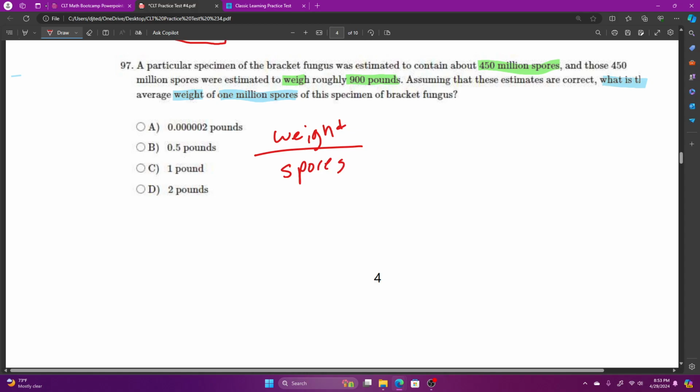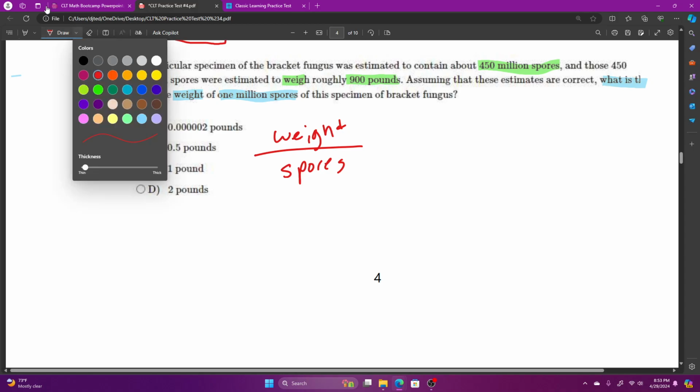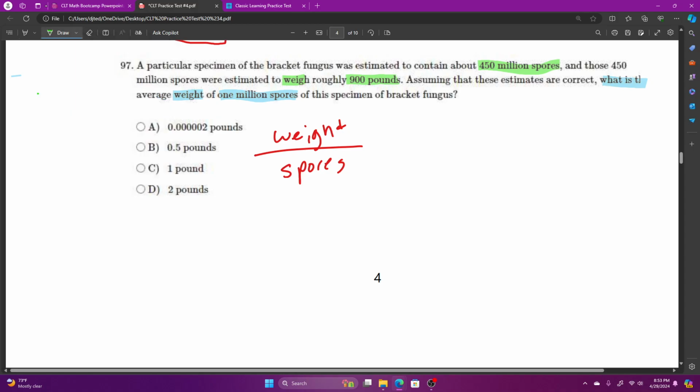I'm going to say our weight that we know here, we know that 900 pounds is how much 450 million spores weighs. And we want to find out how much 1 million spores weighs.